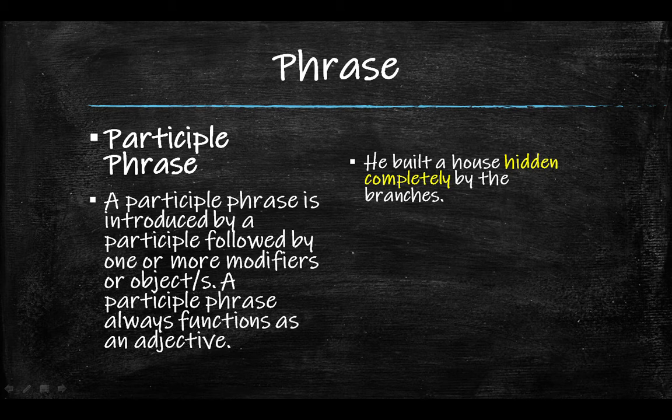Hidden, this is the third form of hide. But hidden is not the verb in this sentence because built is the verb. And we have already said that whenever the third form or the ing form of the verb is used in a sentence as a verb, it must have some helping verbs with it. So I'm not saying that he has hidden or it was hidden.